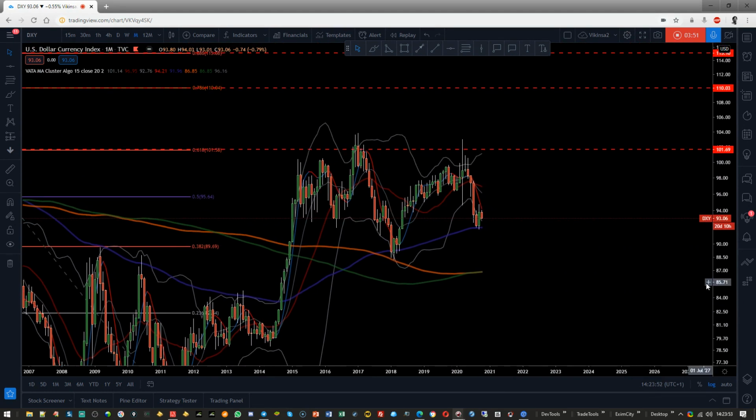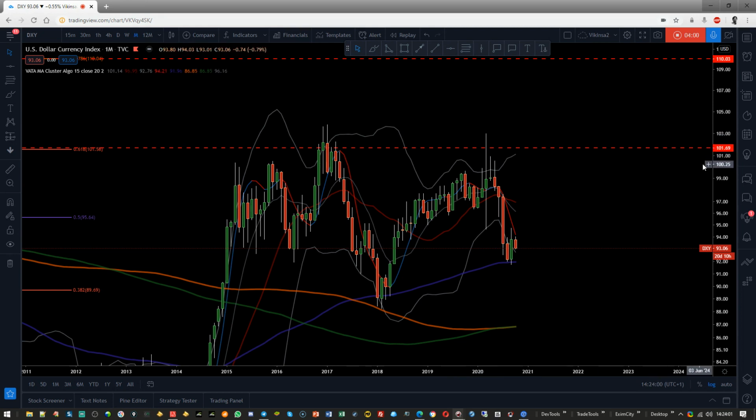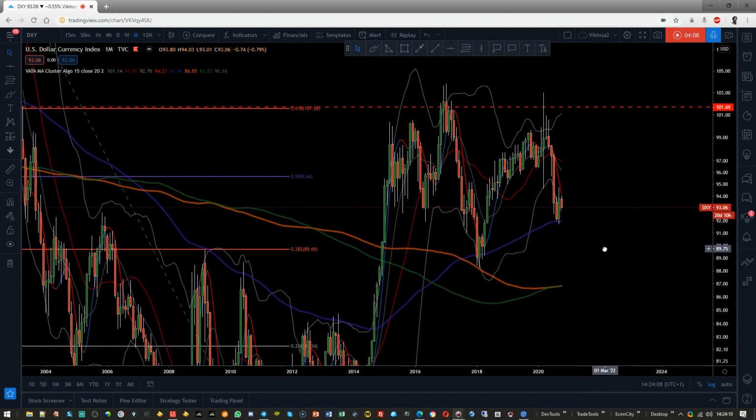However, we can also see that there is an inverse head and shoulders right here, and that can push the price up only if that particular neckline at 101 is broken. So that's the very high time frame picture for you.